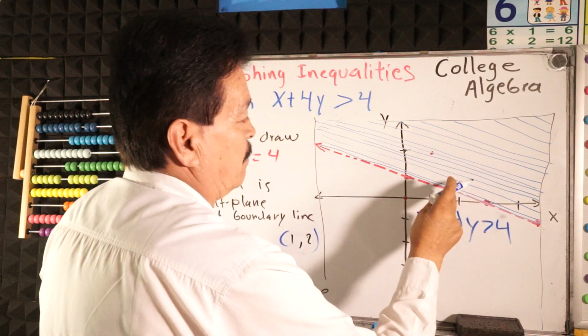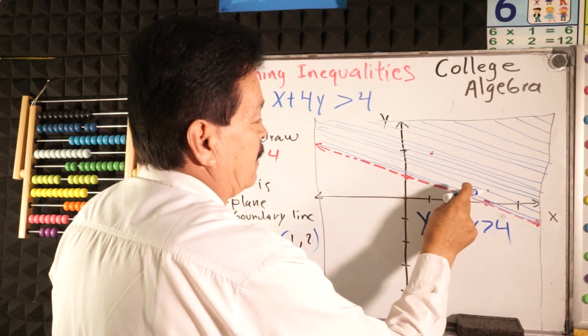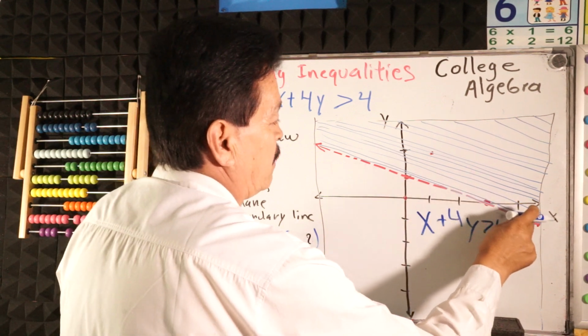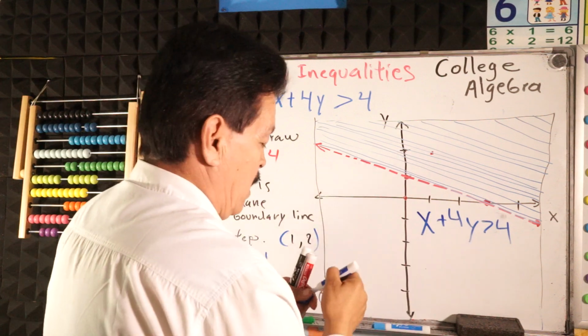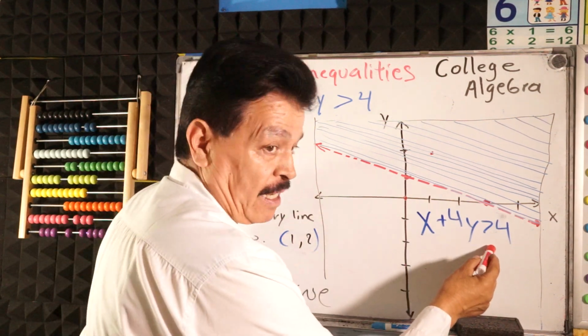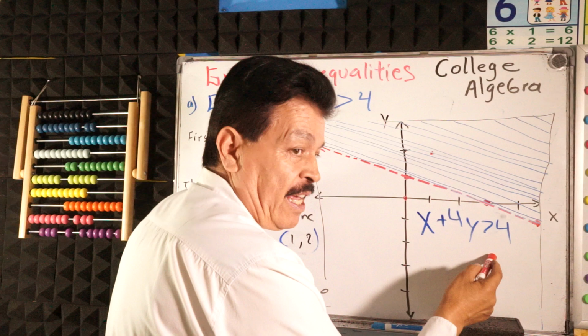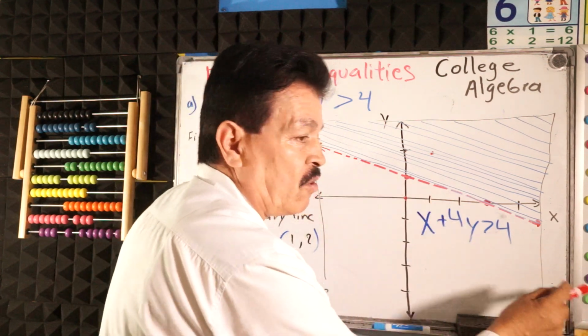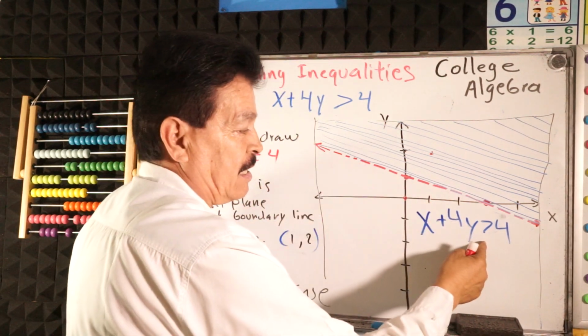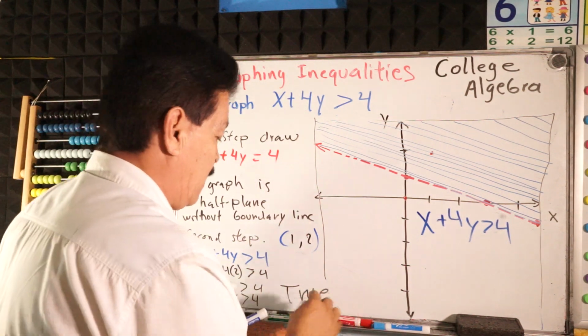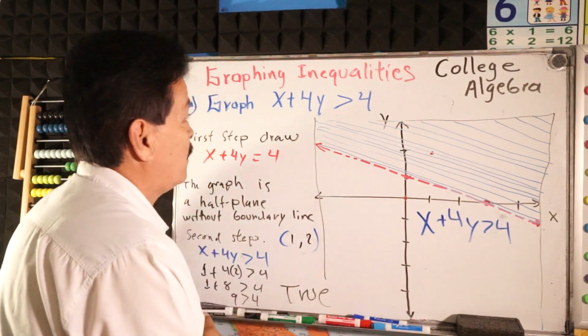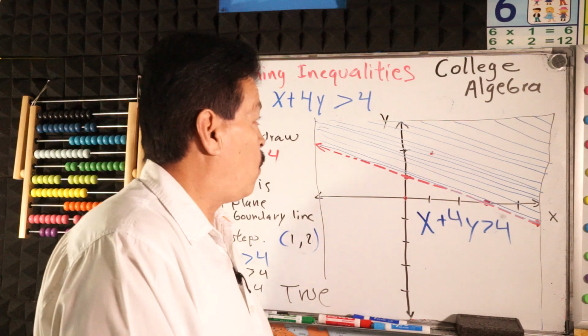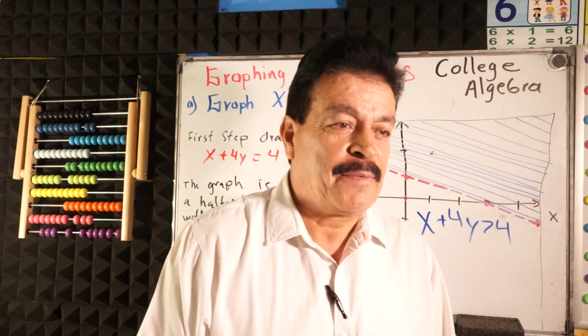And then, very important, the line is not continuous here. See, it's not continuous because we are talking about only greater than. When you say greater than or equal to, then the line must be continuous. But this is not continuous. So this is our graph of x plus 4y greater than 4.